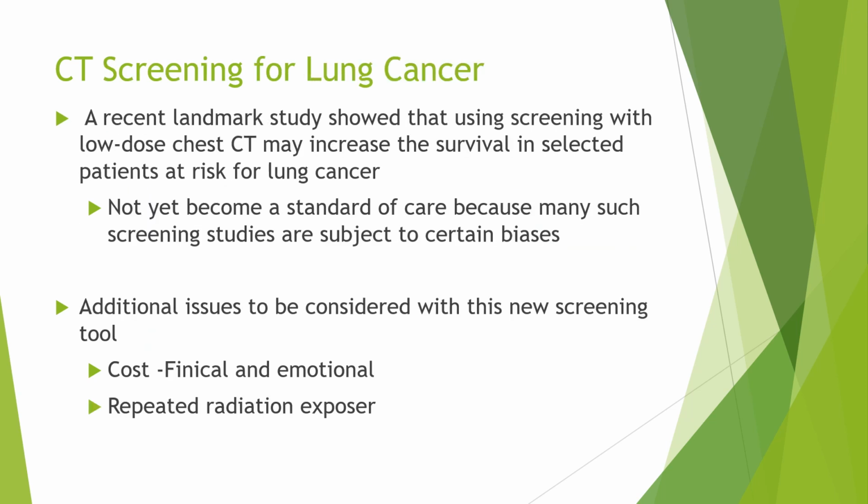So, CT scans for lung cancer. Low-dose CT scans are becoming more and more common out there. These are CT scans for people that are likely to have lung cancer, with a family history, smoking, and so forth. They're starting to become more and more common, thank goodness, because then you can catch small cell lung cancer a lot faster.